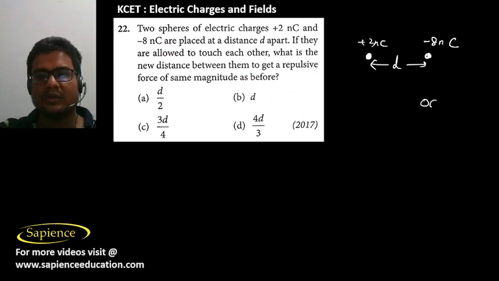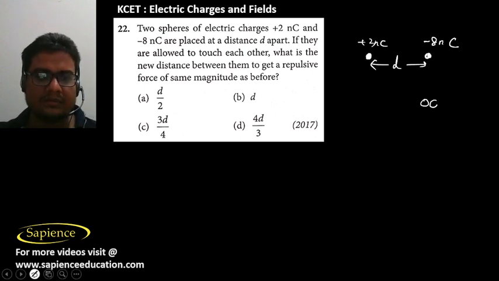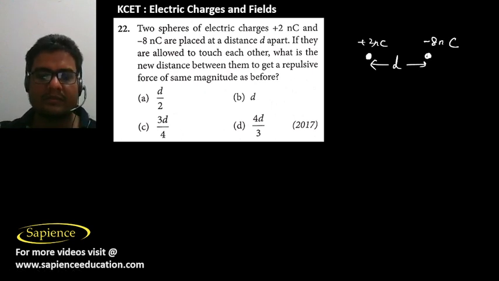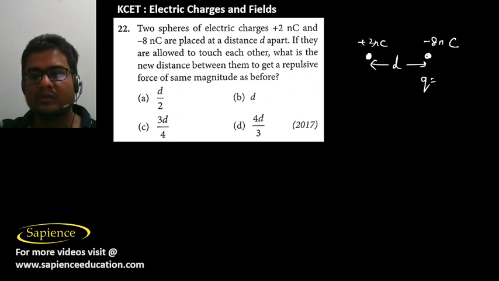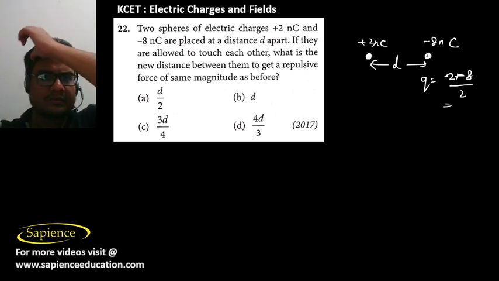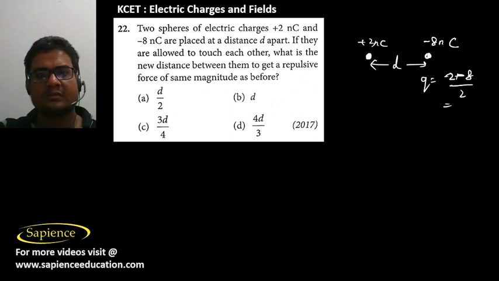So the final charge q is equal to q1 plus q2 by 2, which is 2 minus 8 by 2, that is minus 6 by 2, minus 3 nanocoulomb.